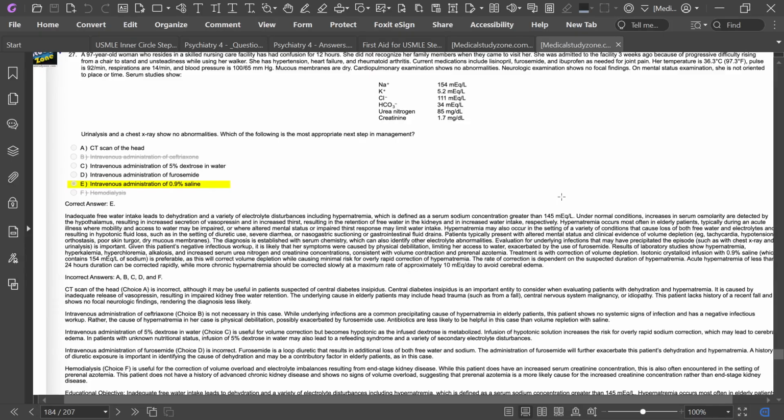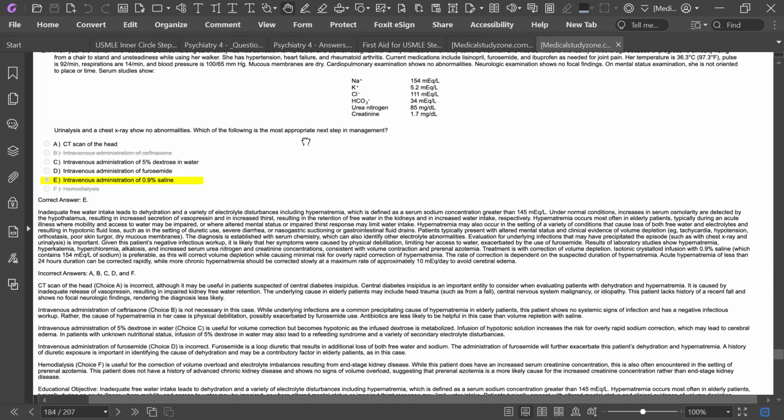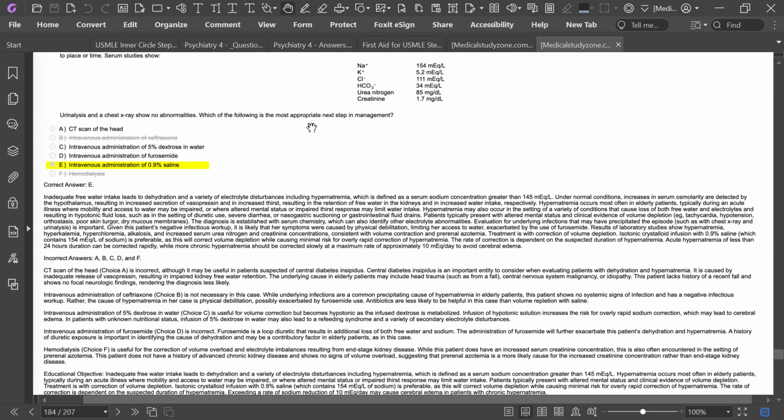Under normal circumstances, increases in serum osmolarity are detected by the hypothalamus, resulting in increased secretion of vasopressin and increased thirst, resulting in the retention of free water in the kidneys and in increased water intake respectively.